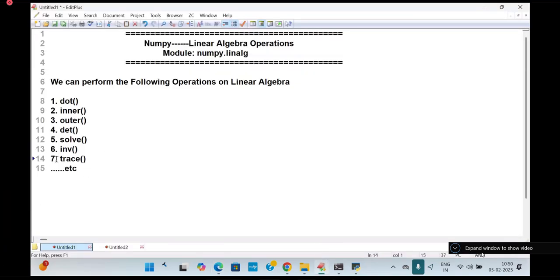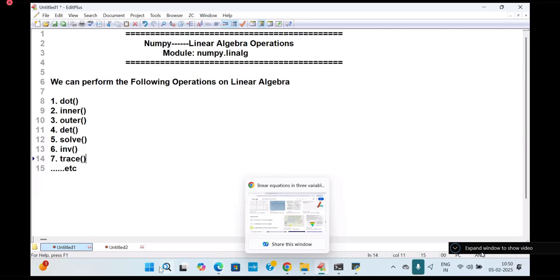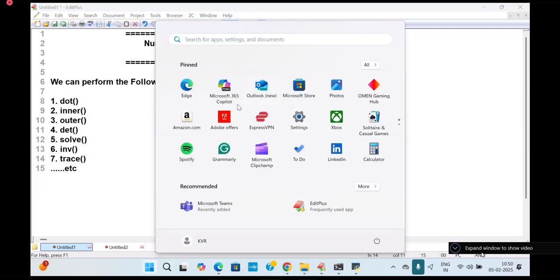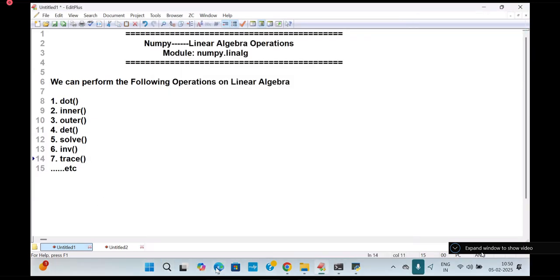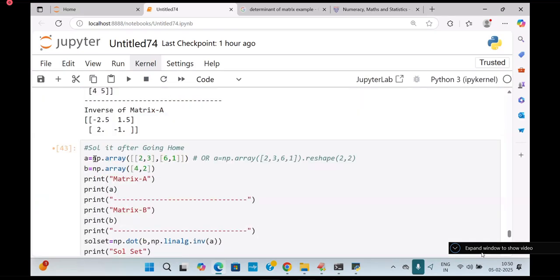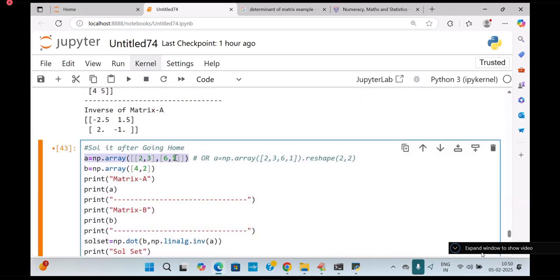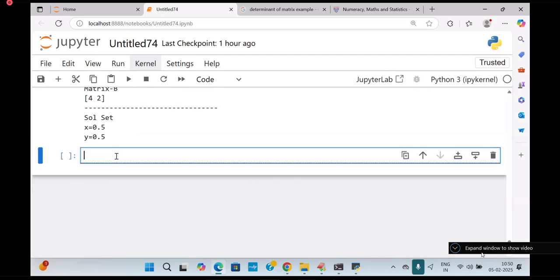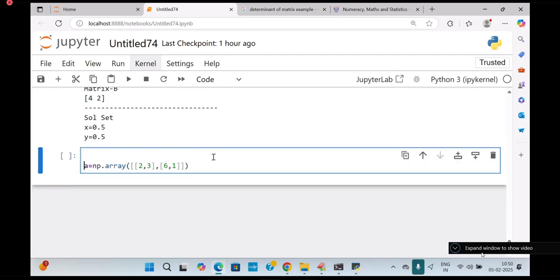Okay, and the next, when I come back to tomorrow's class, we'll go for what? Trace. Or if you wait for 2 minutes, I'll tell you the trace also. Trace is going to give you the trace of that value. Take one matrix.